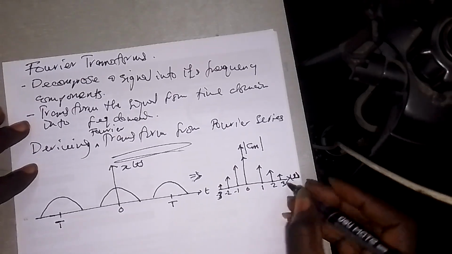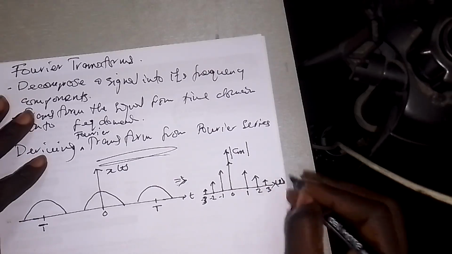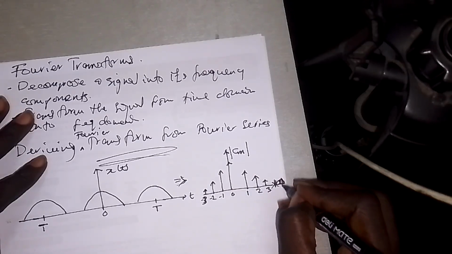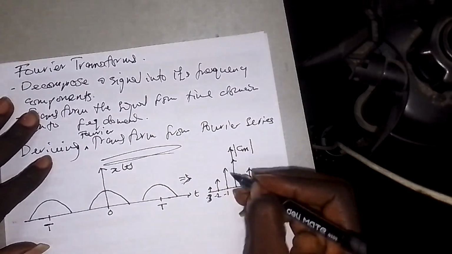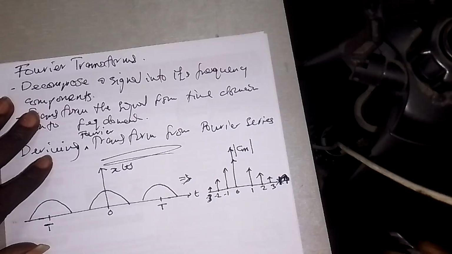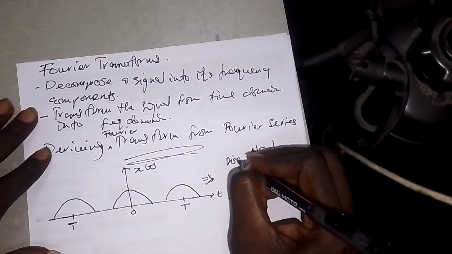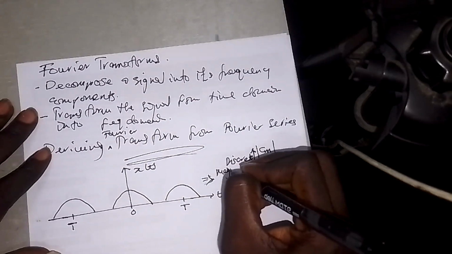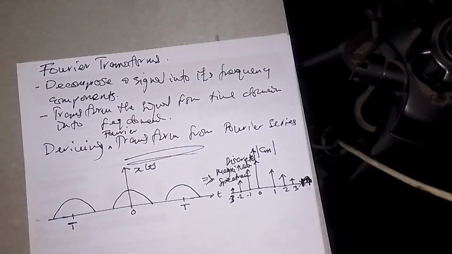Because it occurs at specific instances of time, I can call the W in the normal magnitude spectrum N, meaning number of samples. And because it occurs at discrete instances of time, I can call it the discrete magnitude spectrum.